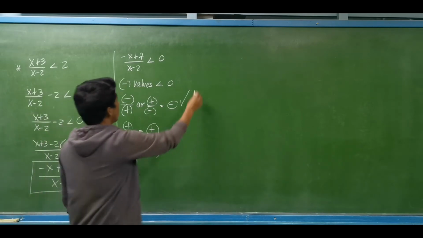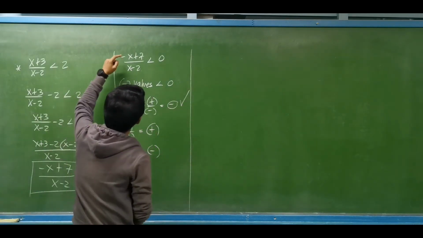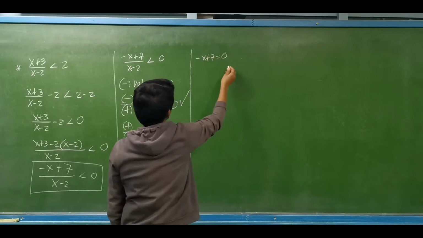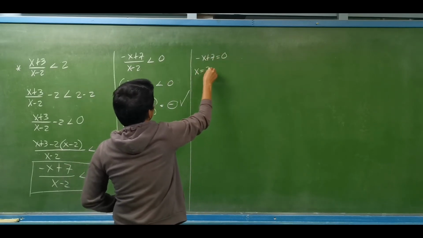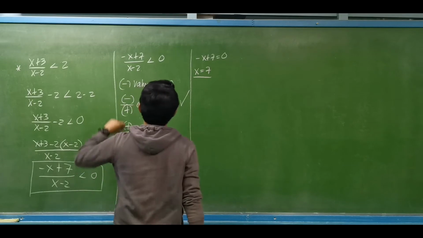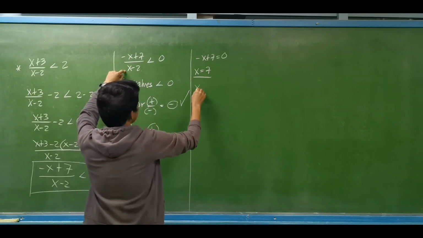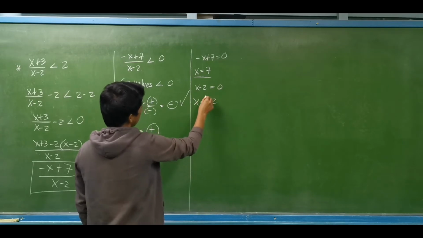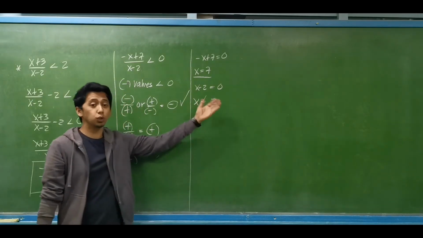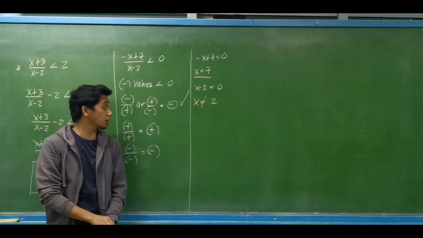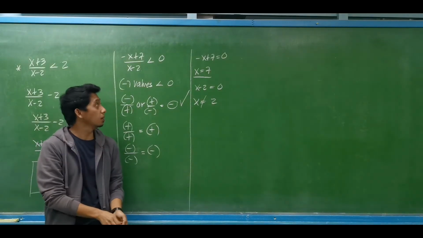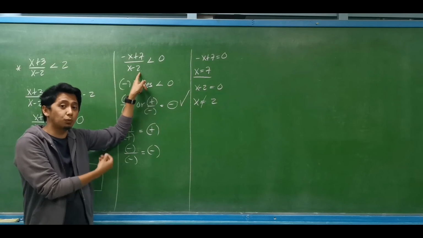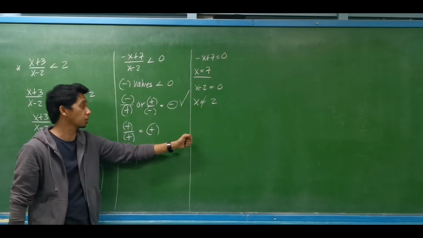Just to have our reference points, we have negative x plus 7. We set this to 0, so we have x equal to positive 7, one reference point. Then x - 2 = 0, so x = 2. But we cannot include x = 2, because 2 - 2 will be a 0 denominator that will give us an undefined quotient.